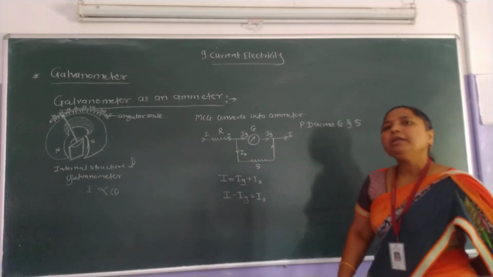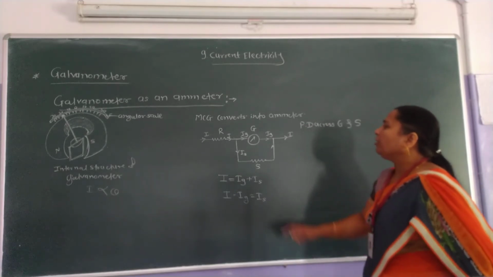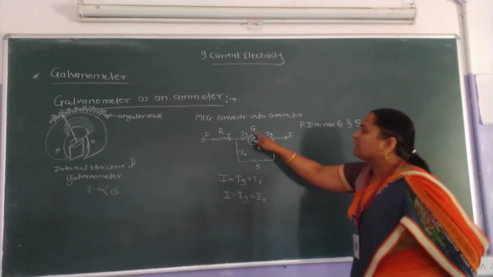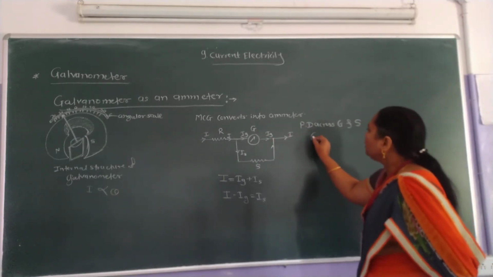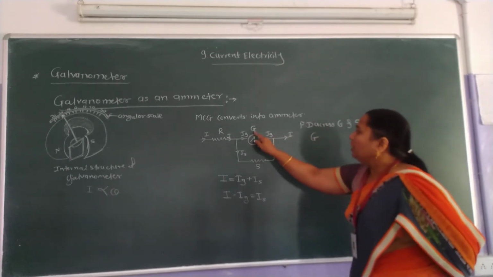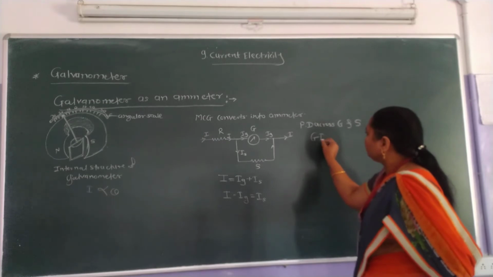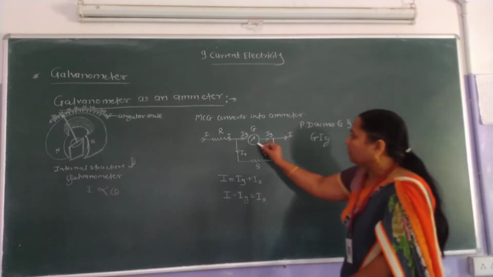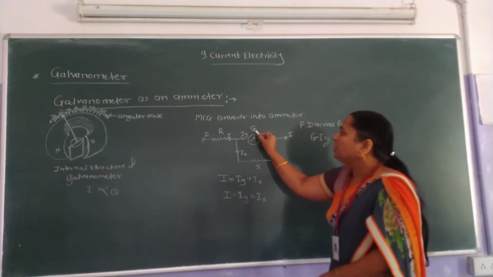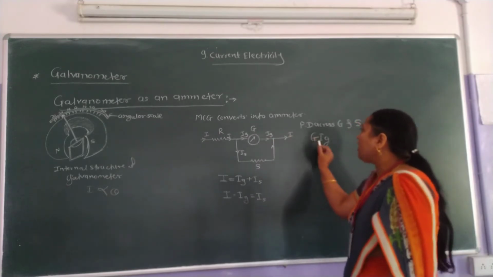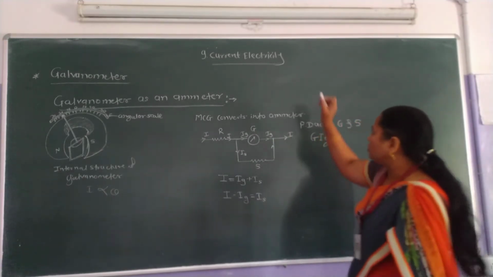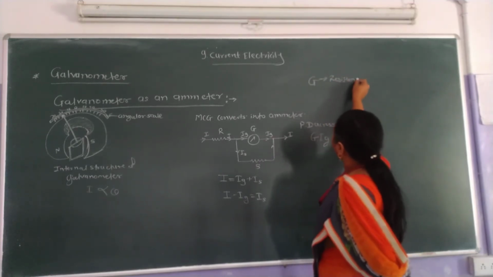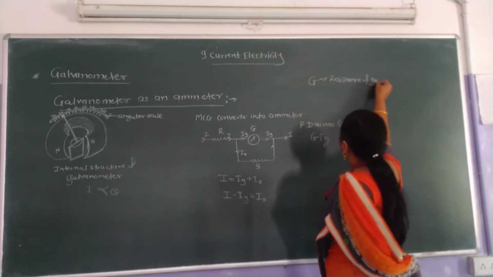According to Ohm's law, the voltage across the galvanometer is calculated from the current flowing through it, Ig, and its resistance G. Therefore, the potential difference across the galvanometer, Vg, is equal to G into Ig, where G is the resistance of the galvanometer.